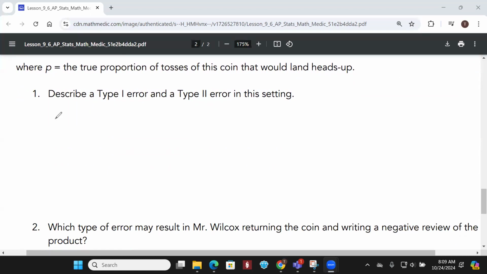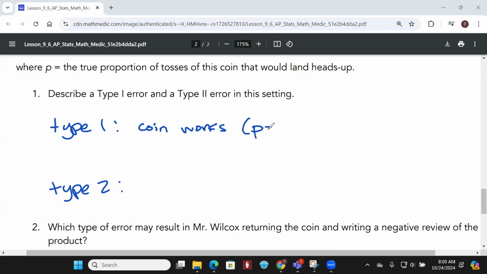So what would be a type 1 error? Remember, type 1 is that the null is true, we reject the null, and we have convincing evidence for the alternative. So the coin works, p = 0.75. The coin works, right?